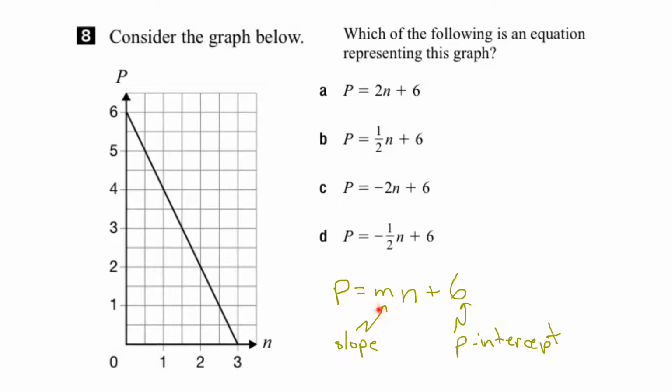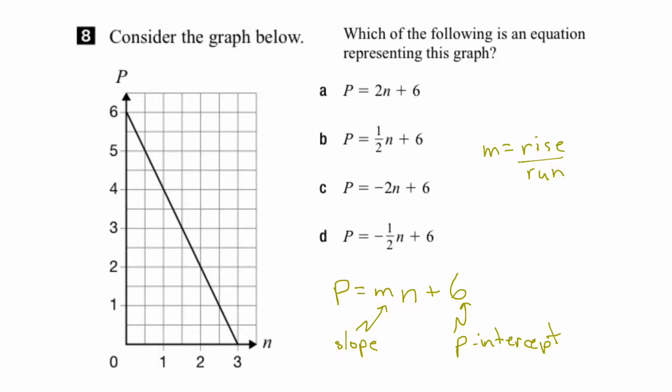Now we have to find a value for m, and m can be calculated as the rise over the run. So let's go to the graph and pick a couple of points. A good point to start would be the p-intercept, here 6.